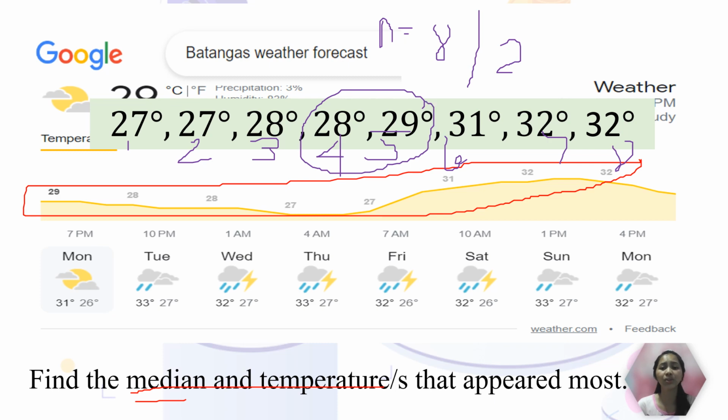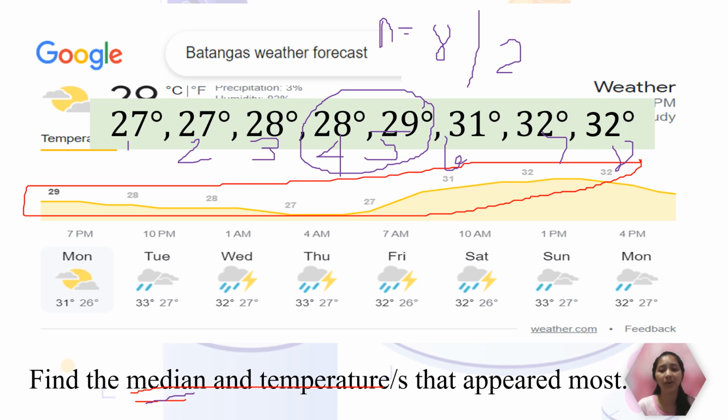So if we add 28 and 29, we will be having 57. And if we divide it by 2, we will be having 28.5. That is the degree for median.